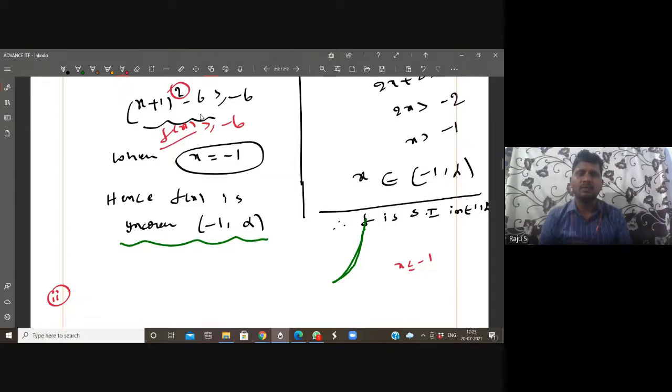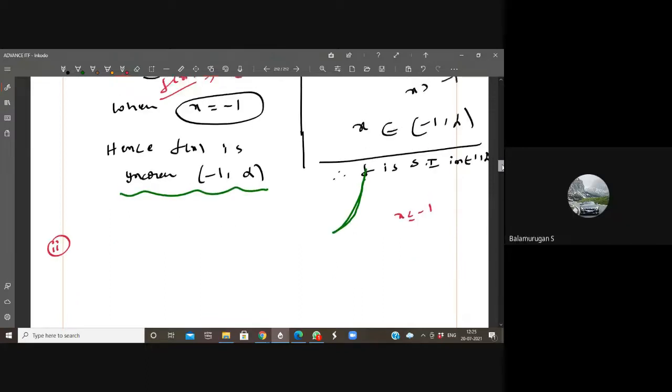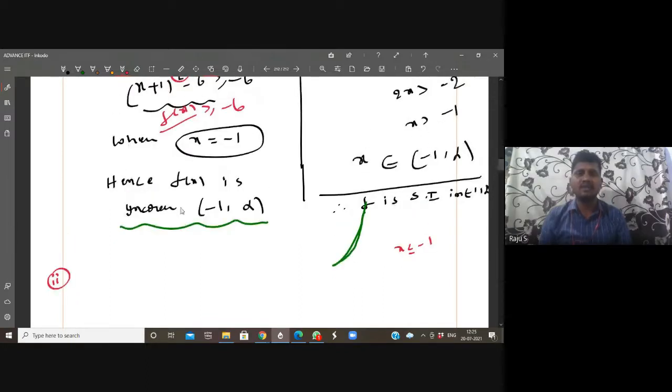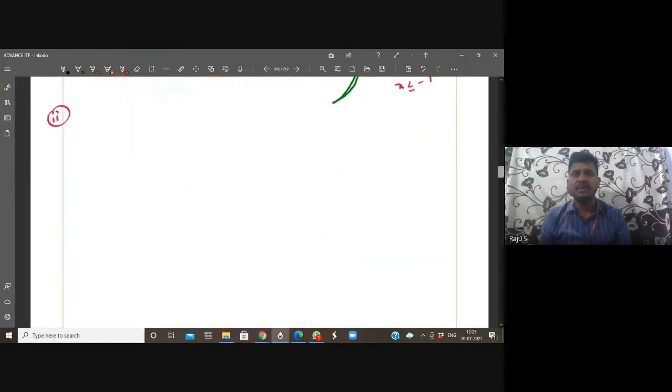The minimum value is -6, and by giving different x values it will increase. If instead we got lesser than or equal to -6, then it would be decreasing. Let us see the next question now. So what is the next question?